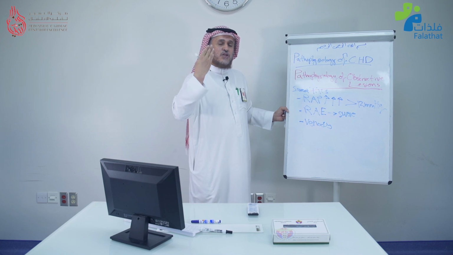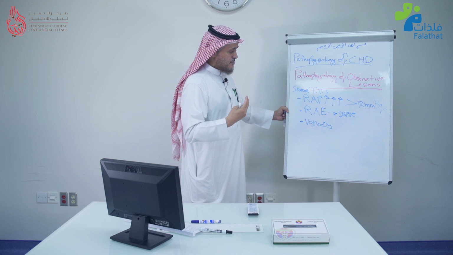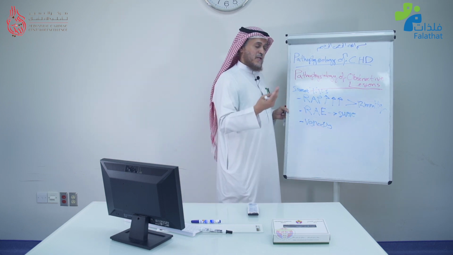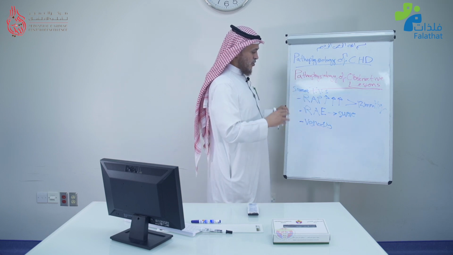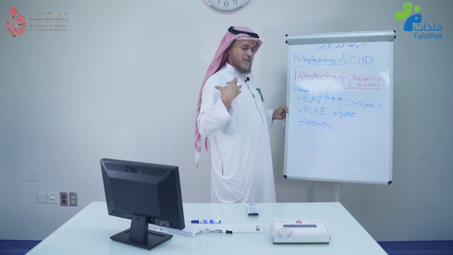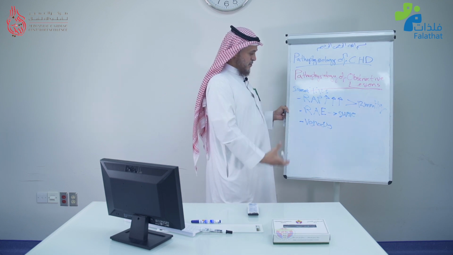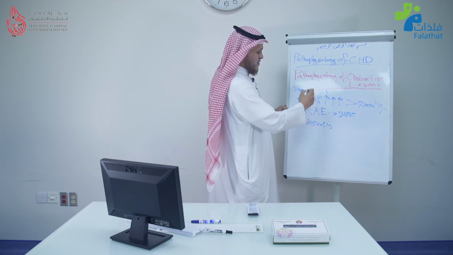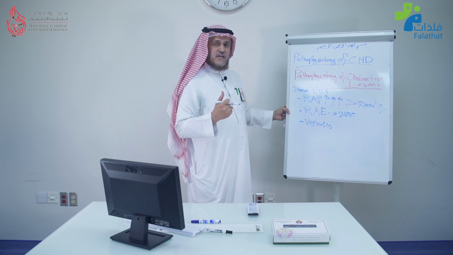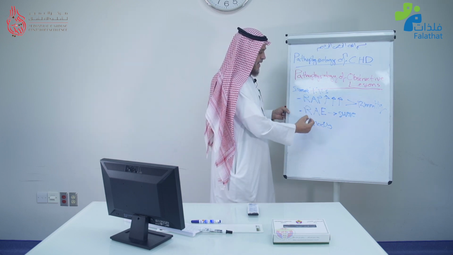Elevation of the right pressure will hinder that flow, and hence we may have decreased cerebral perfusion and cerebral edema if it is really on the extreme side. Upper limb edema, we will see venous dilatations on the upper body and also the lower body if the cause was tricuspid stenosis.